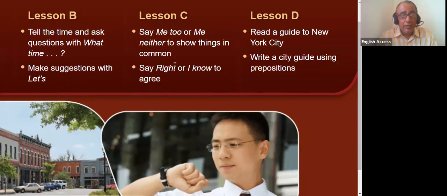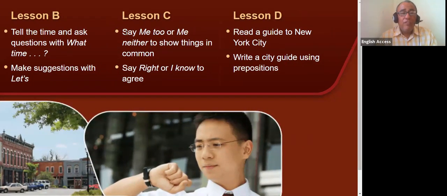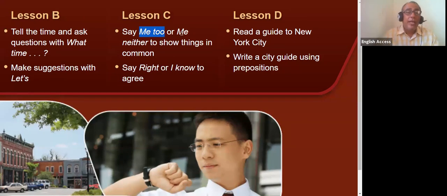In lesson C, we are going to review the words me too or me neither to say things that are in common or not. In lesson C also, we are going to learn how to say right or I know to show agreement. What is agree? Agree means that you are okay with something. In Spanish, that you are de acuerdo, agree.